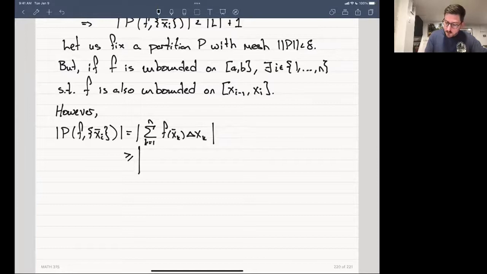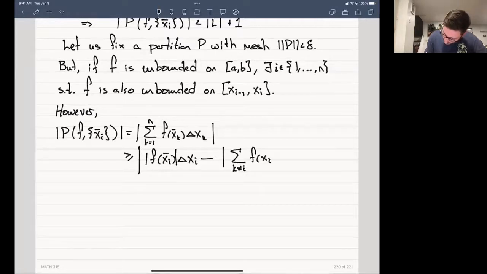And if I pull out the problem subinterval, the x_i, I get the absolute value of f of x_i bar times delta x_i, minus the absolute value of the sum over k not equal to i. So every other subinterval of f of x_k bar times delta x_k.